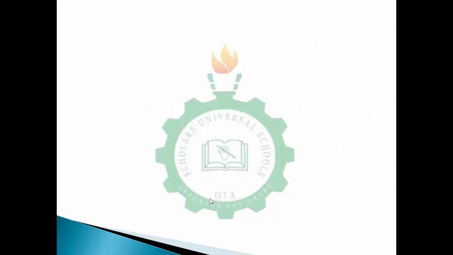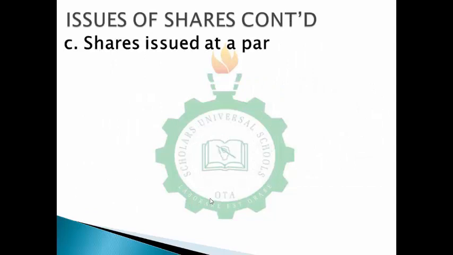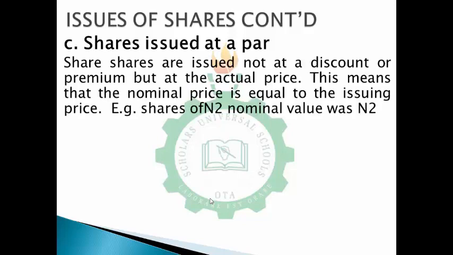All right. So the next part is shares issued at par. When you hear the word shares issued at par, what does it mean? It means that the share is not issued at a premium, neither is it issued at a discount. So you are issuing shares at the exact value of its nominal value, which is its face value.